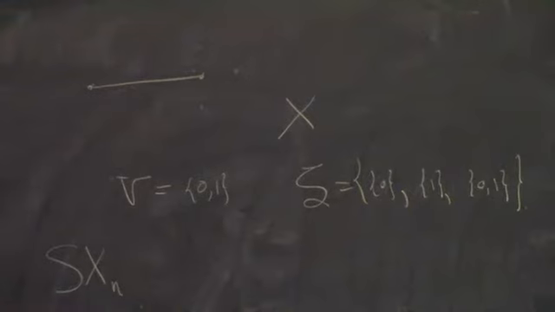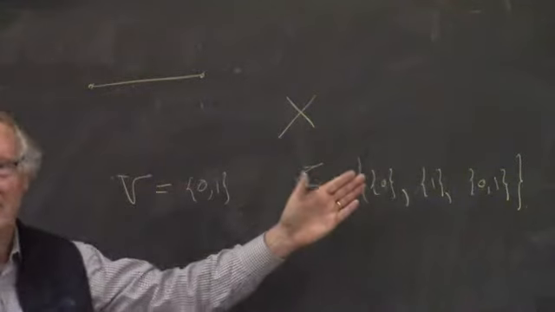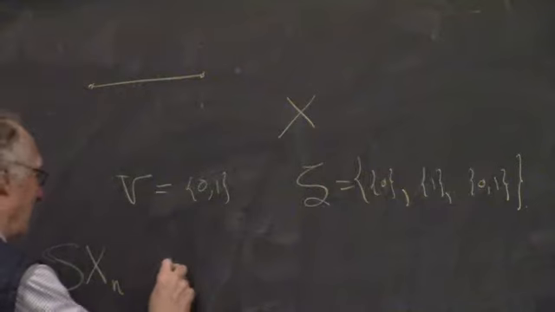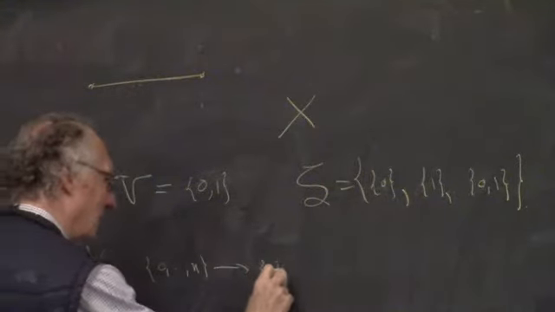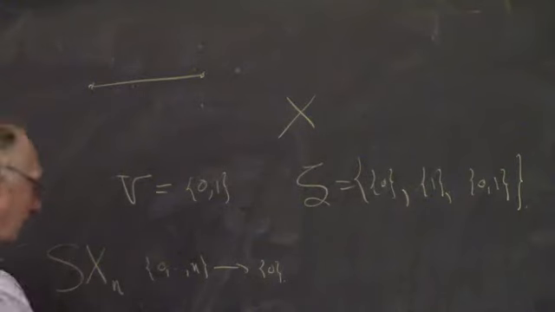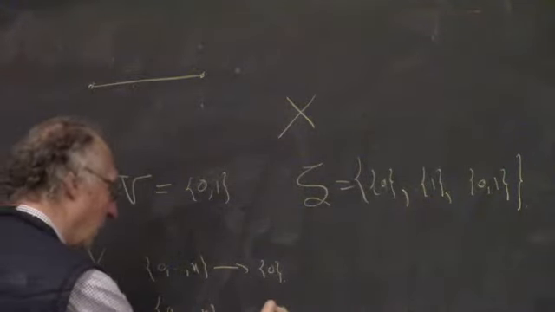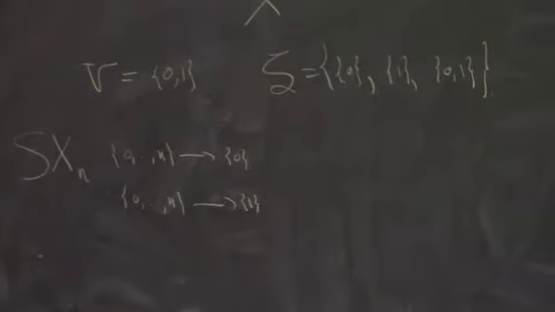Okay, now I want to try to say what S X n is. So I need a function from 0 up to n to this set. One possibility is 0 up to n goes to 0. Another possibility is 0 up to n goes to 1. Those are the completely degenerate possibilities.